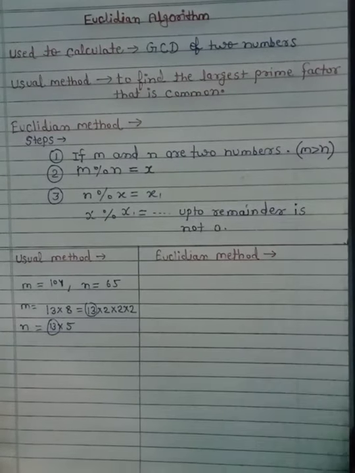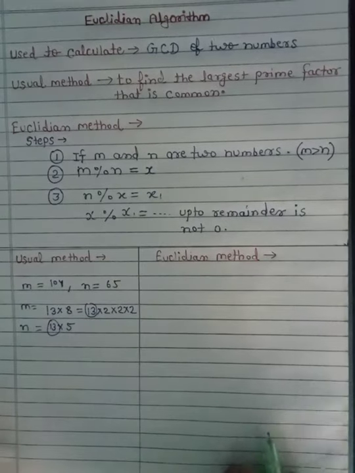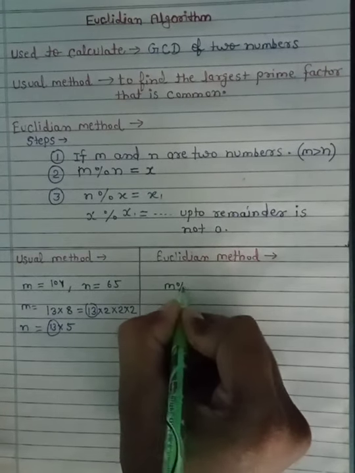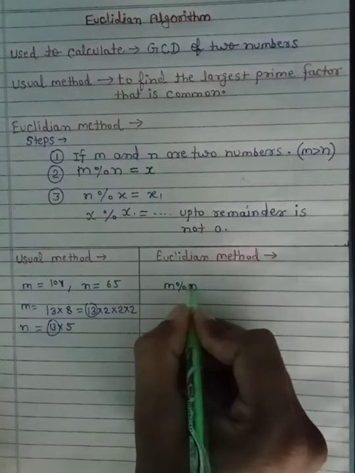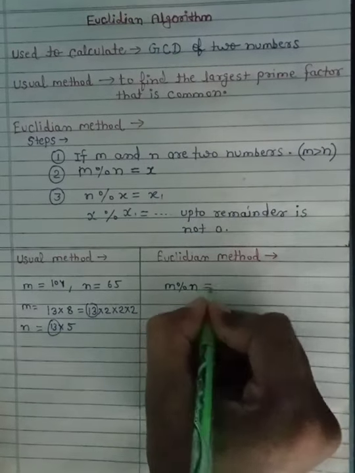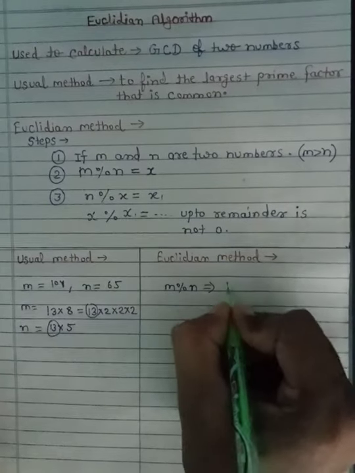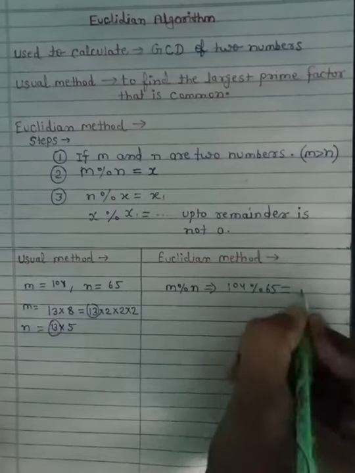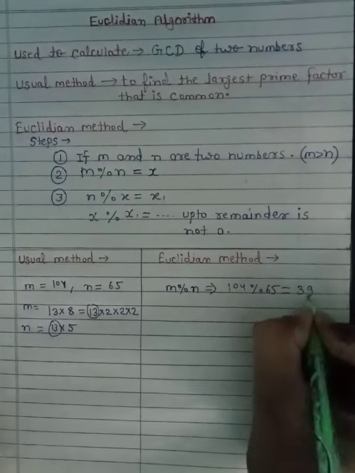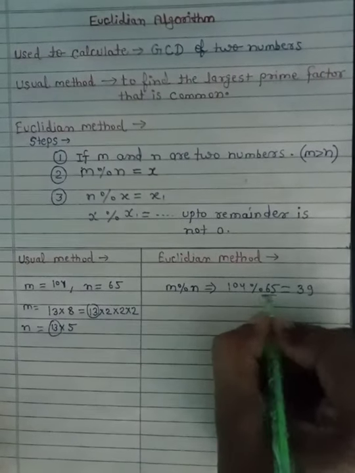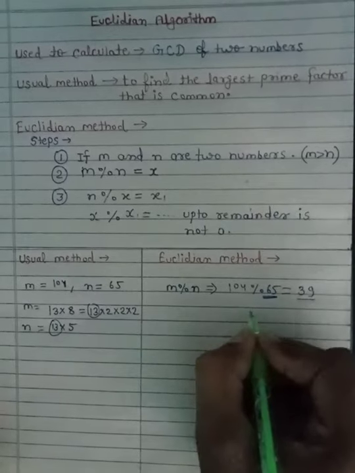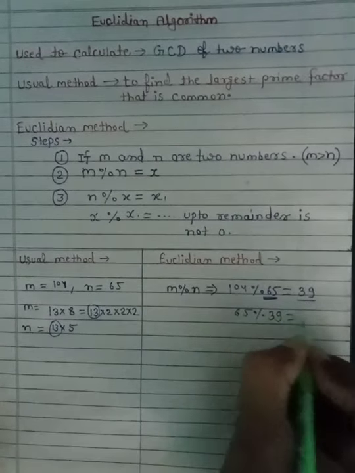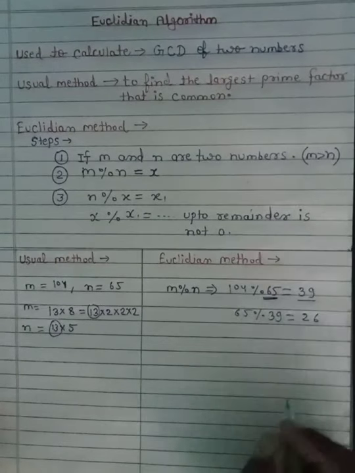But the Euclidean method says that we have to find the remainder of m and n. The remainder of 104 and 65 here will be 39. Now 65 remainder 39, that is 26.